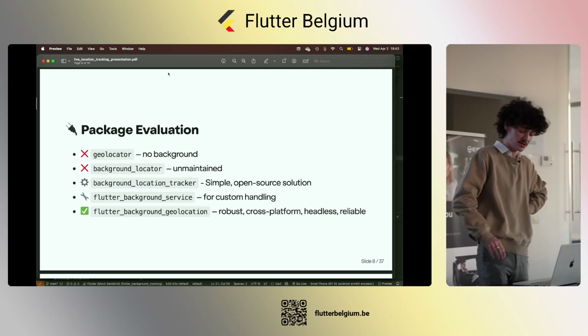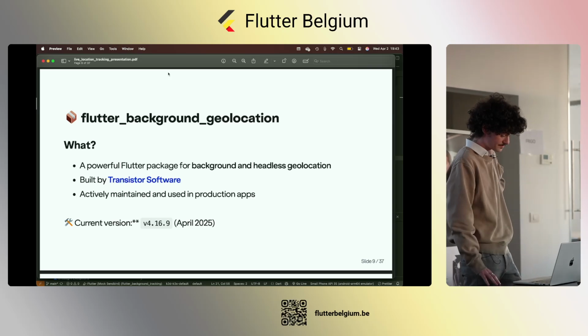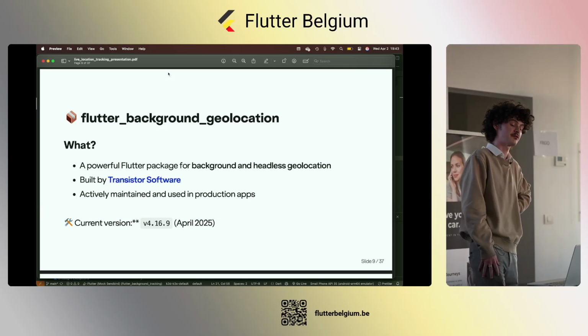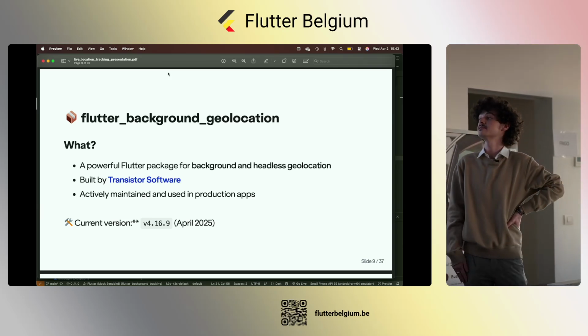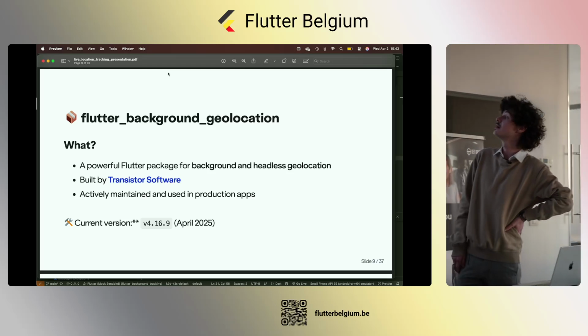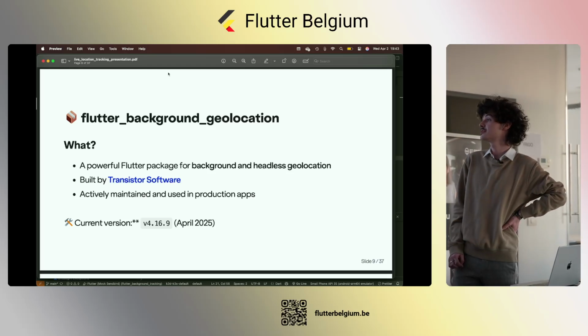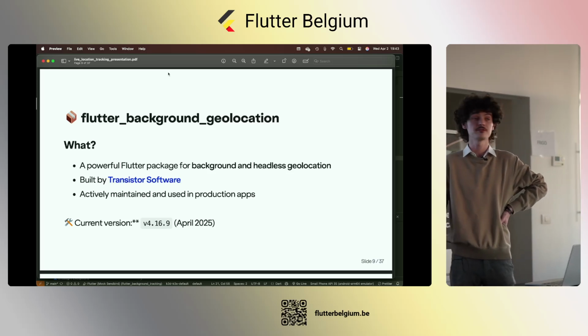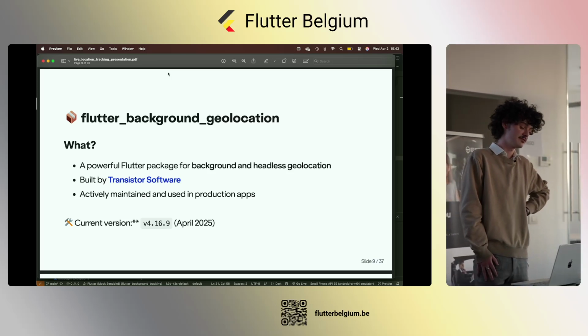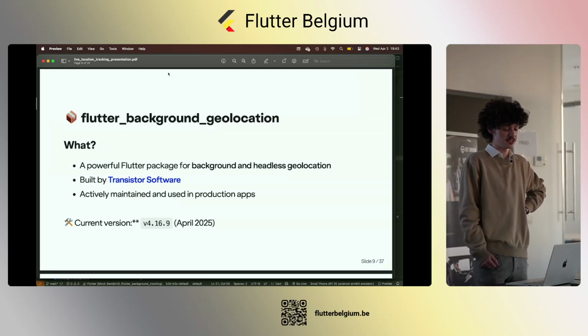This one is quite featureful and easy to use. It's a Flutter package, mainly for background location, but with a lot of features besides that. It's built by Transistor Software, actively maintained, and used in many production apps.